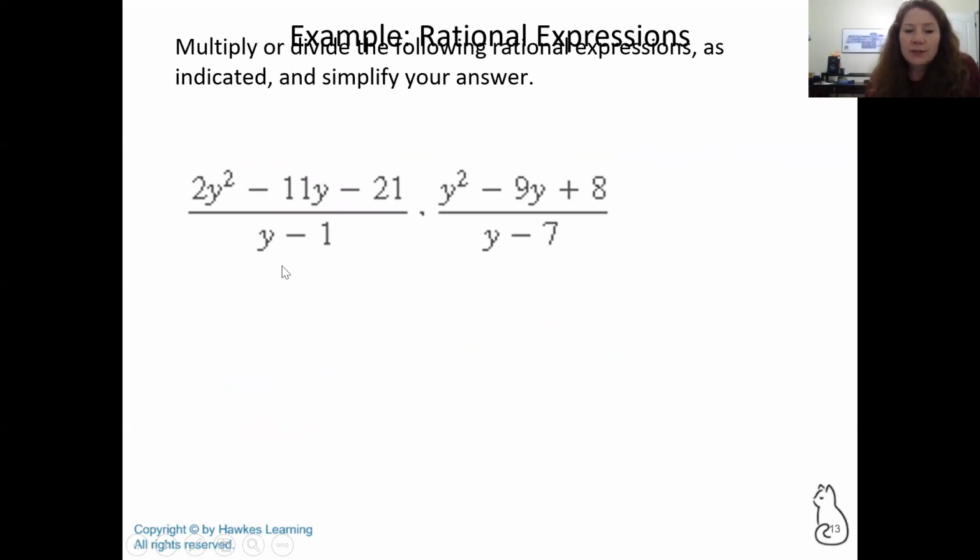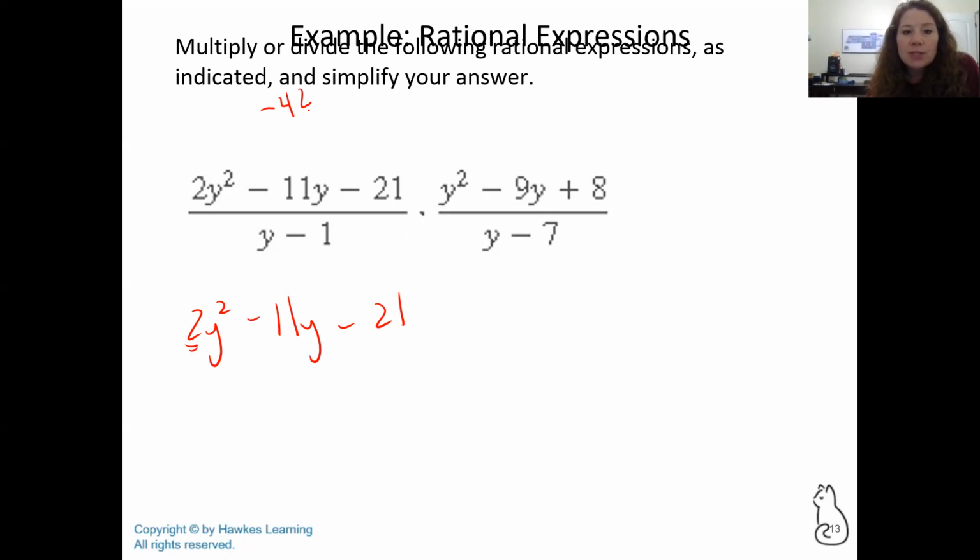All righty, so this is a multiplication problem. So first of all, let's simplify our numerator. Now this one's going to take a little bit of work because our coefficient of y squared is not 1. So this is when we're going to do the AC method. We're going to multiply 2 times -21, which is -42.